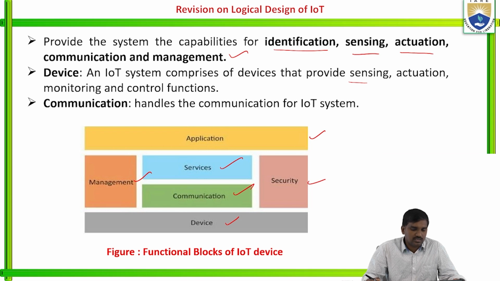These are the main functions or specifications of a device. Communication handles the communication for the IoT system using various communication protocols like Bluetooth, Zigbee, Wi-Fi, whichever is available depending on our application. It handles the IoT system to process the data from one device to another device.